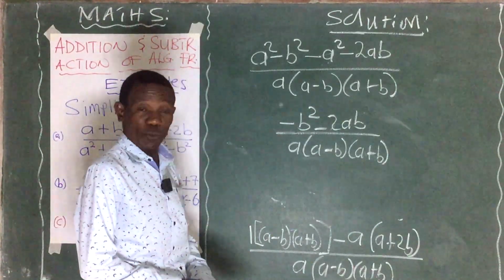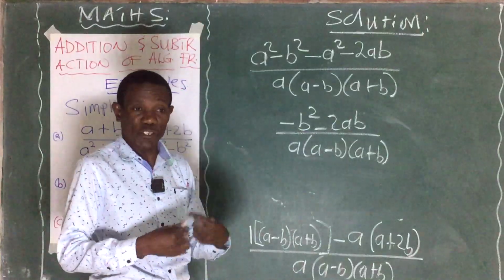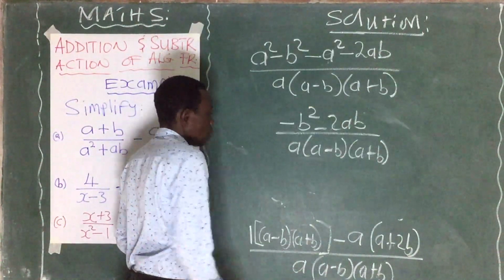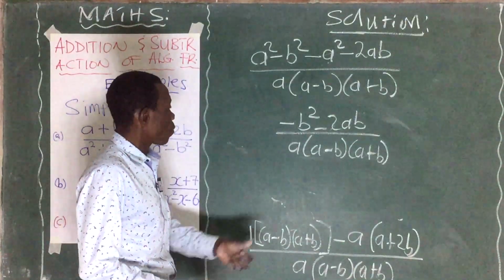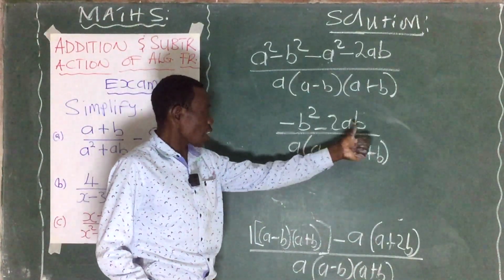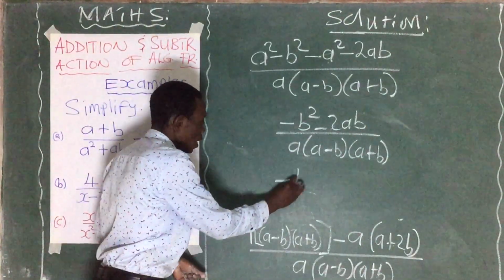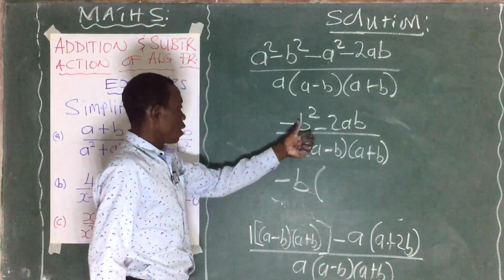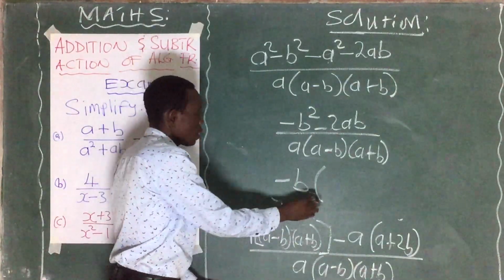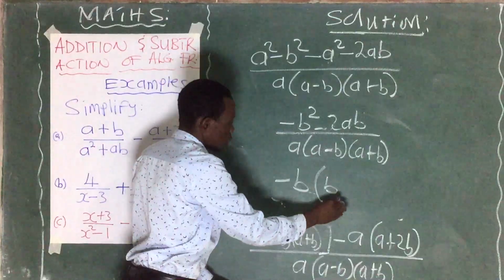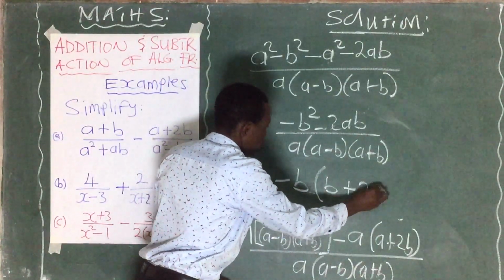But it's better to simplify the expression to the simplest form. So we are going to factorize this numerator, where we can see we have a common factor of negative B. So I have my negative B like this, open bracket, negative B into B squared is B, and negative B into positive 2AB gives you positive 2A.